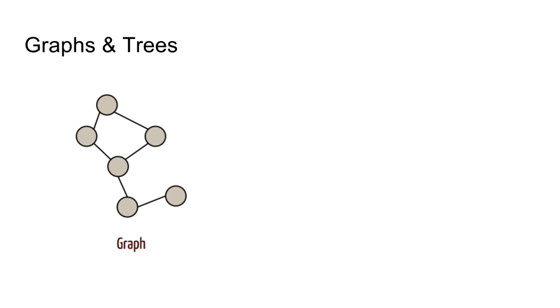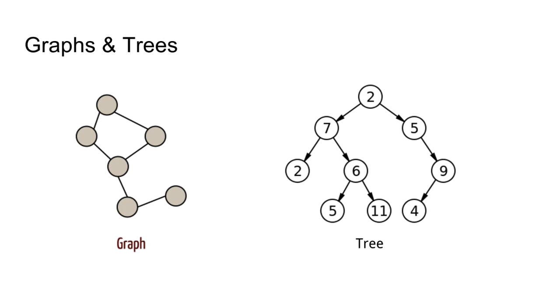The tree is a type of graph in which any two nodes are connected through one and only one path. The tree will not have any cycles since there can be only one path between any two nodes. The tree can come in many forms, but by far the most common is the binary tree.